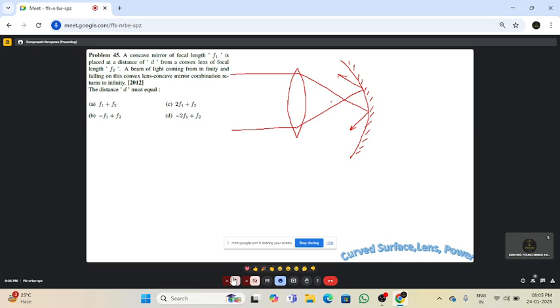But here what they have said is that it should come back here, pass through the same lens, and then go to infinity.